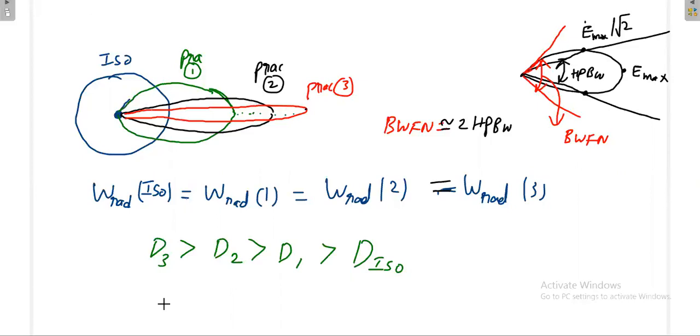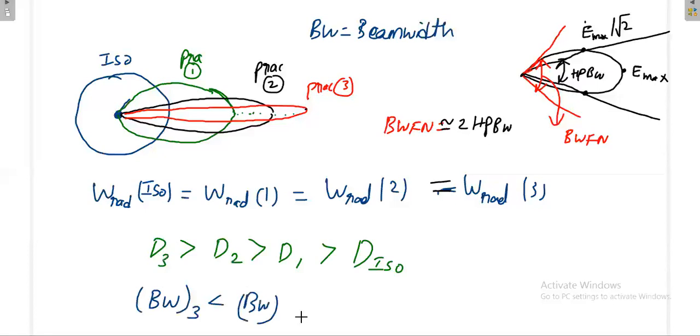When I use BW, that means beam width. Please note down, BW means beam width, not bandwidth. Mostly in antenna notation, BW means beam width. Very rarely we will use bandwidth. So the beam width of the third antenna is much smaller as compared to the beam width of the second antenna, the first antenna, and the isotropic antenna.